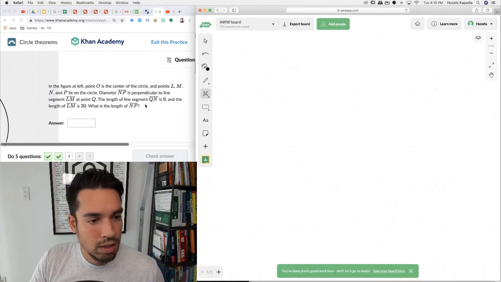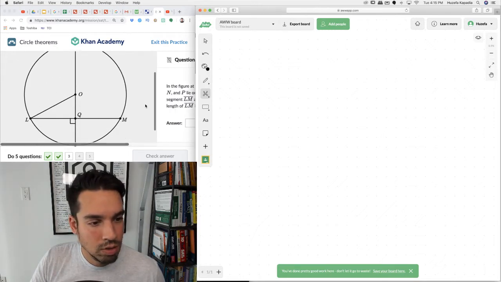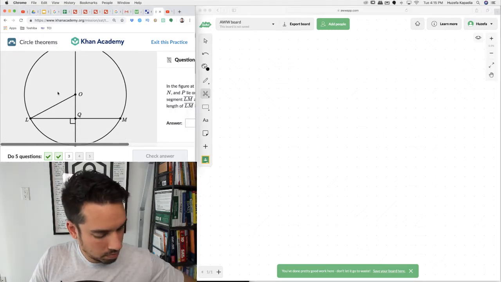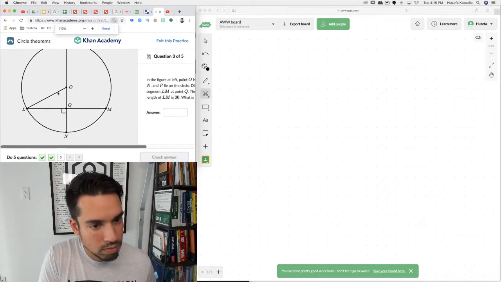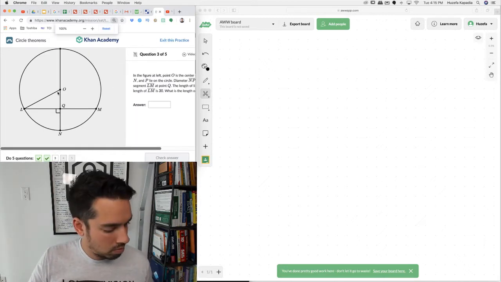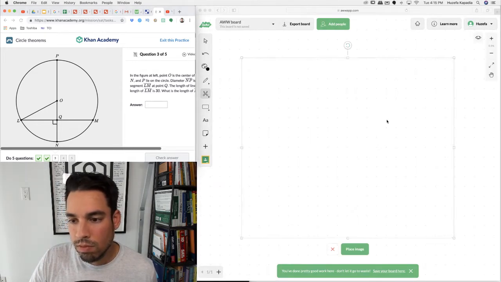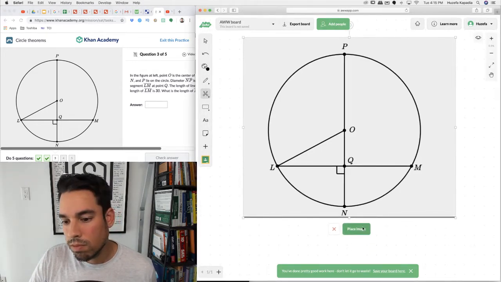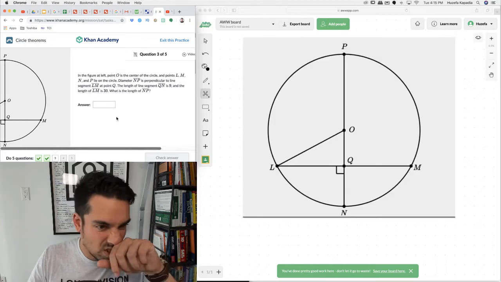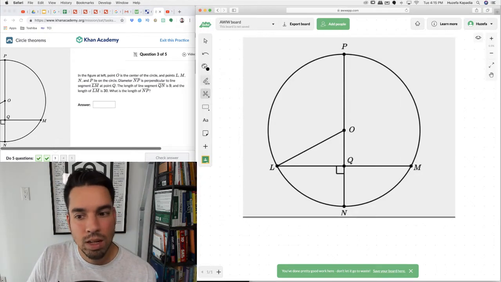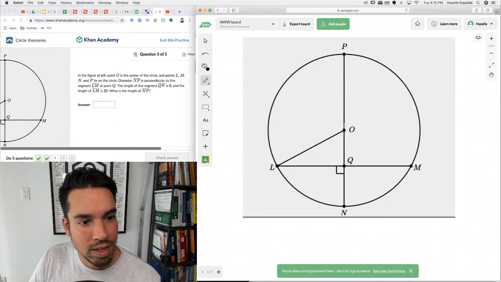All right, next. In the figure at the left, hold on, let's take a screenshot first. Okay, in the figure at the left, point O is the center of the circle. Points L, M, N, and P lie on the circle.